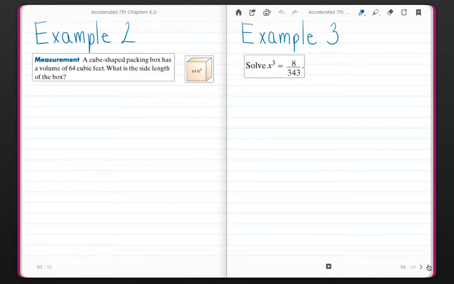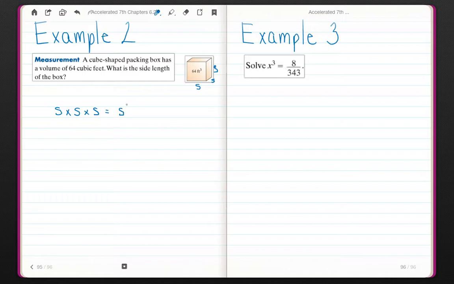A cube-shaped packing box has a volume of 64 cubic feet. What is the side length of the box? Well, since this is a cube, I have a side times a side times a side. They are all the same. So side times side times side is the same as saying side cubed, which equals 64.